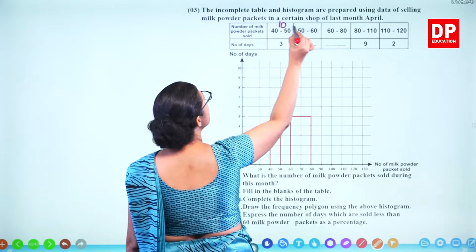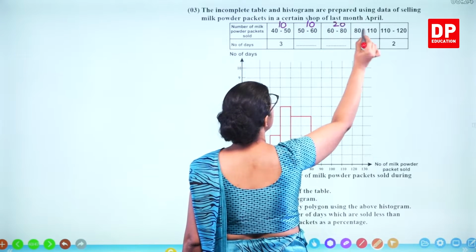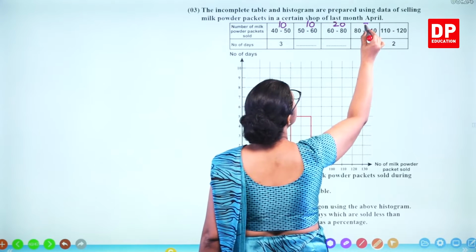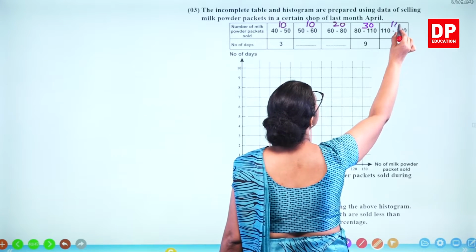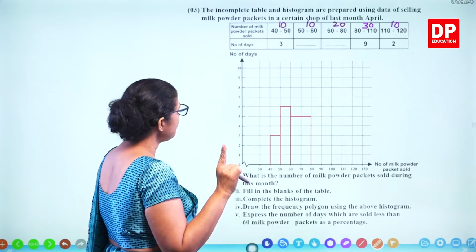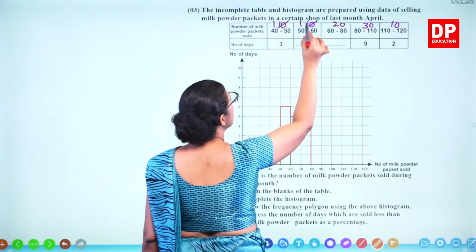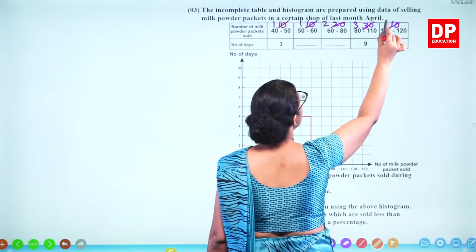This is 10. 50 and 60, 10. 60 and 80, that's 20. 80 and 110, 30. 110 and 120, that's 10. So that means you can divide by 10. That's 1. Here 2, here 3 and 1.